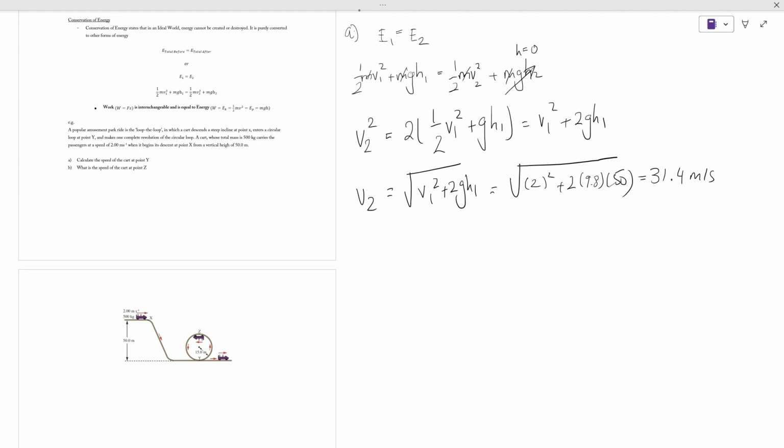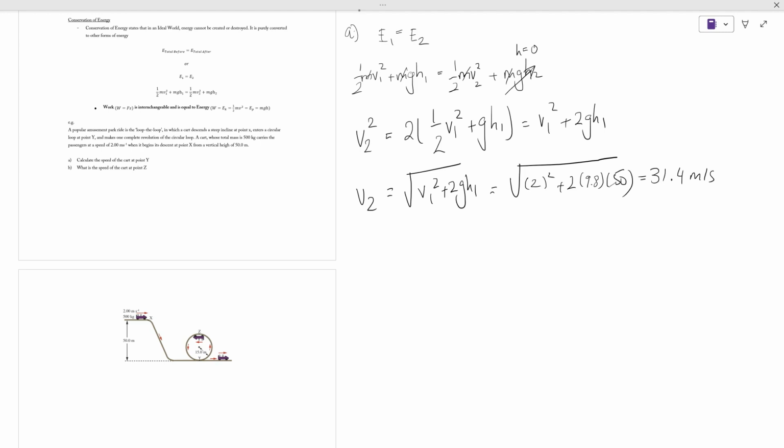But as the car goes through its course and goes to Y or point 2, we lose all that potential energy and it becomes maximum kinetic energy. So both of these sum up to this essentially. That's why velocity is a lot greater at point Y than it is at point X.